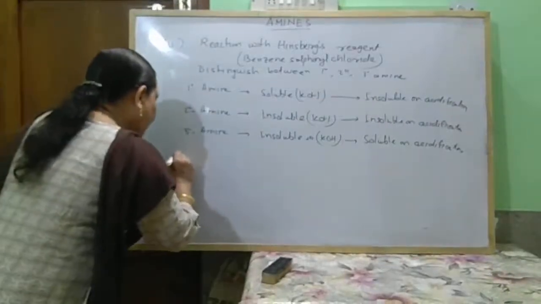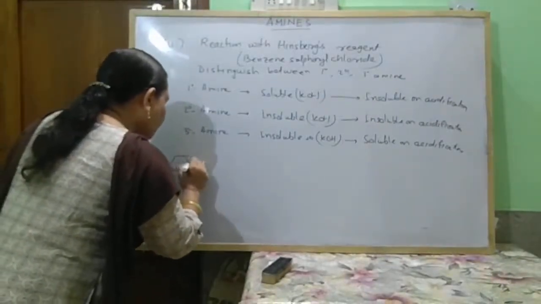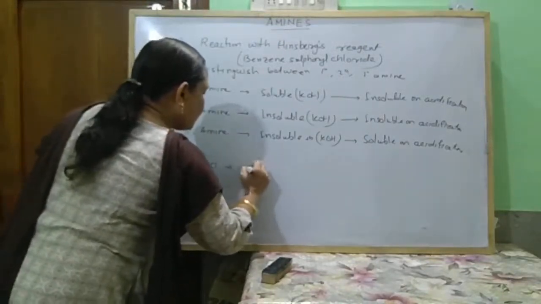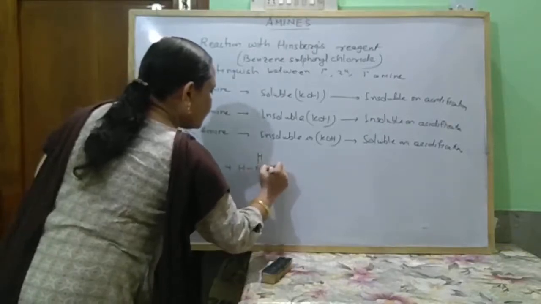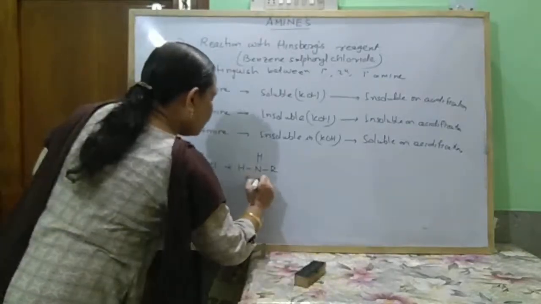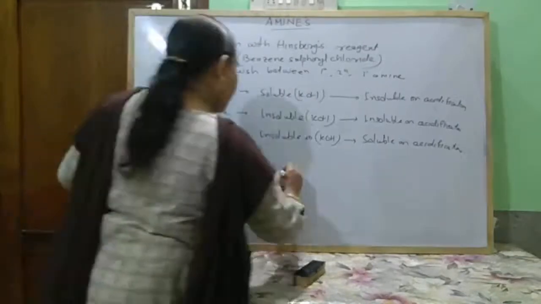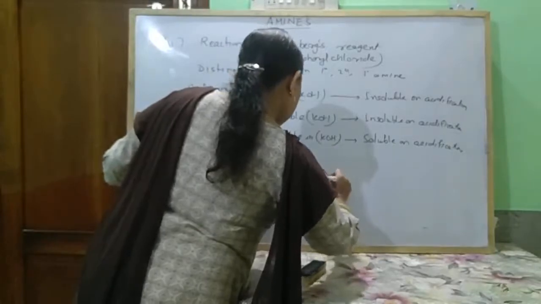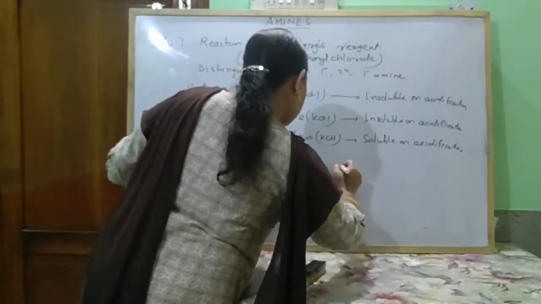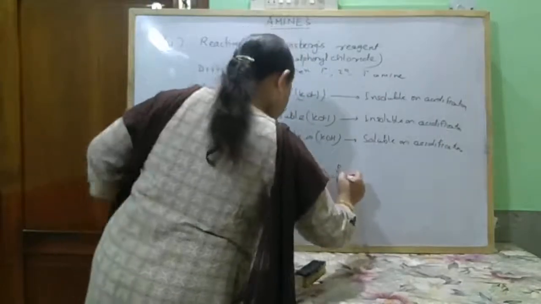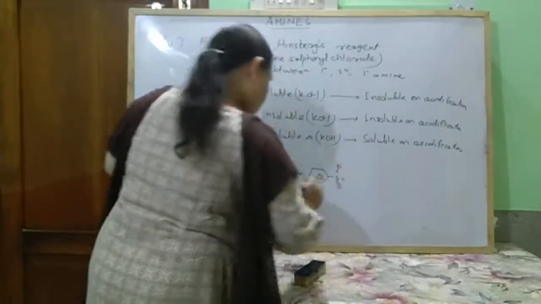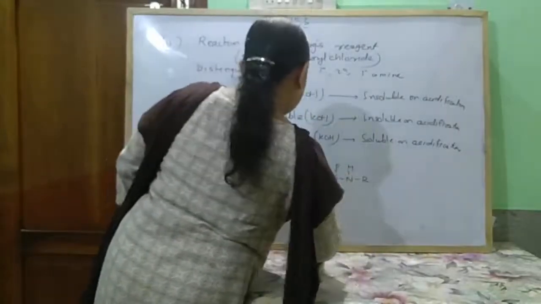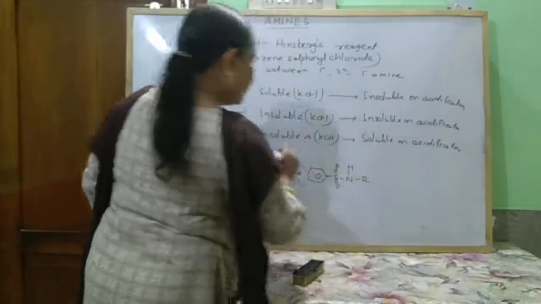Look at the reaction. This is benzene sulfonyl chloride reacting with primary amine. This is the primary amine. First it forms the product with NHR, minus HCl.